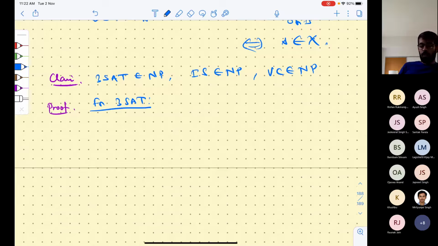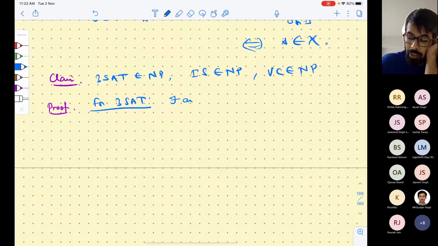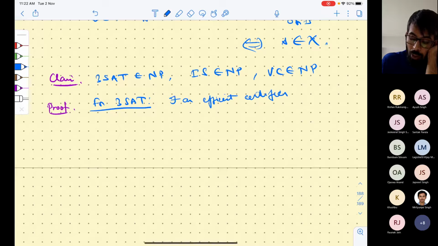What do we need to show for 3SAT to be in NP? We need to show that there exists an efficient certifier. So we need to show what B does and what T is.